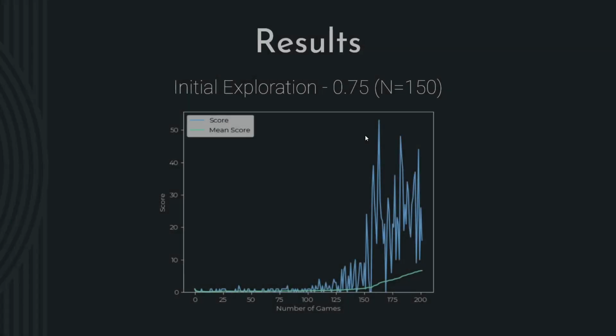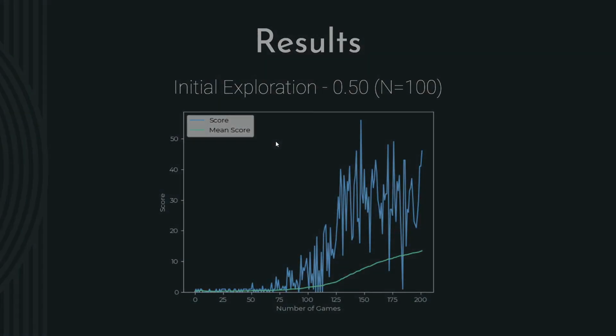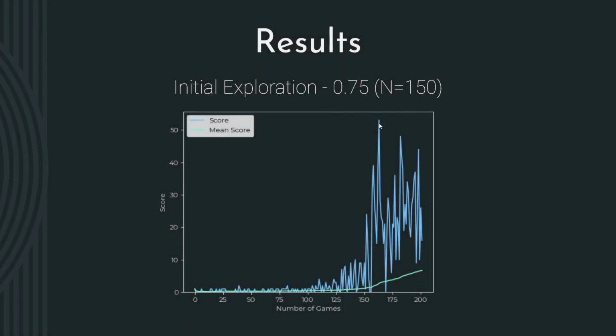But it did take longer to train, and it's also way more volatile. You can see it goes from 53 back down to 0, and that's just something I found interesting. You can also see over here that the mean value is way less than our simulation with the initial exploration rate set to 0.25. So yes, it did take longer, but the record score is way higher, and it is more volatile.